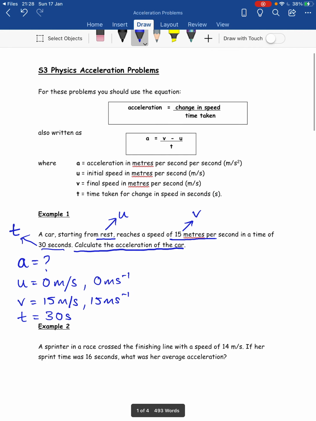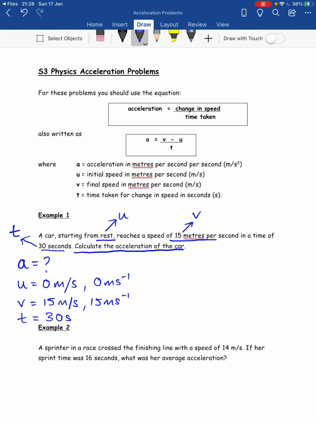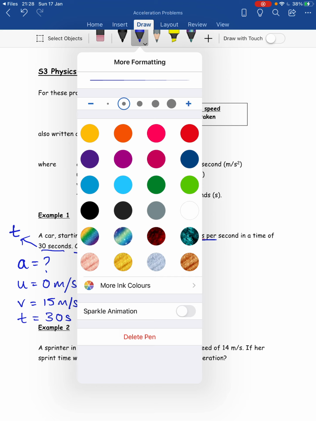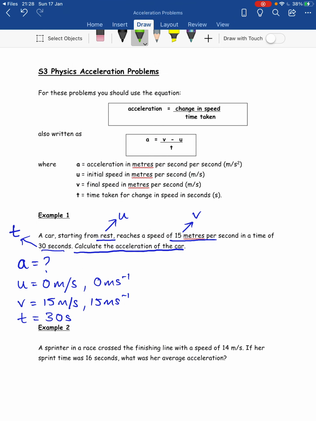If we go back to the top, the equation I'm using here, put that in a different colour, is A equals V minus U over T. So that goes down here. After I've written the equation, I can then substitute in the values.